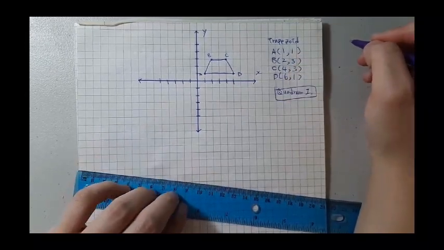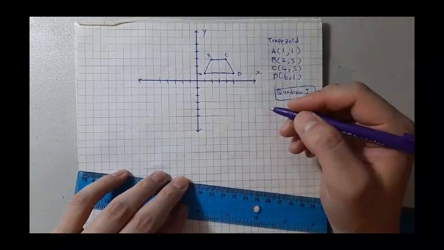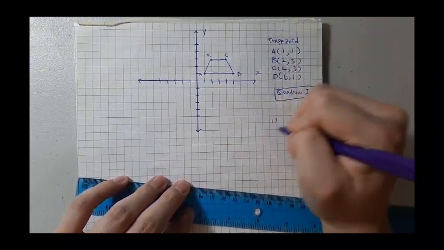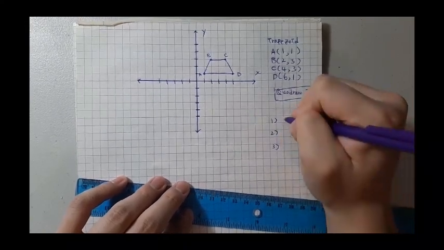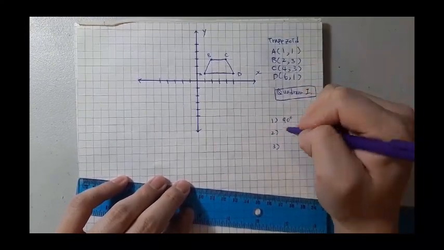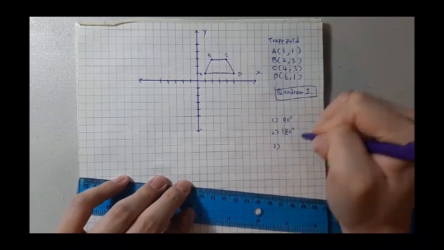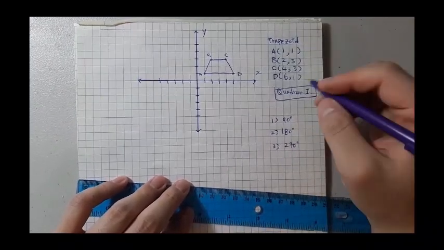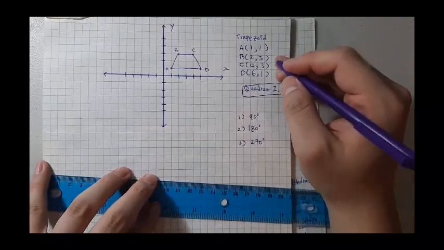Now, when it comes to rotation, there are 3 different types: 90 degree, 180 degree, and 270 degree rotation.